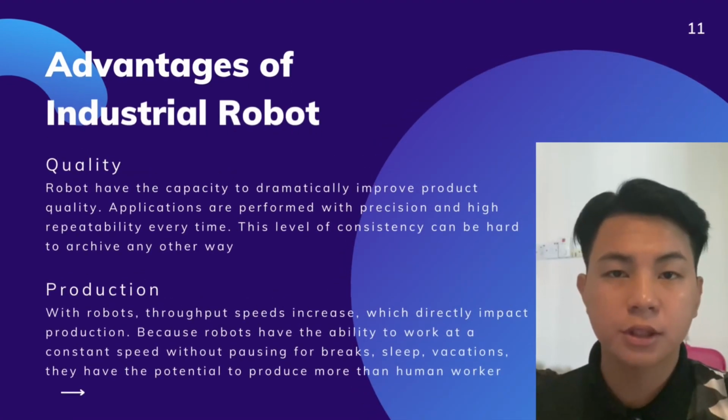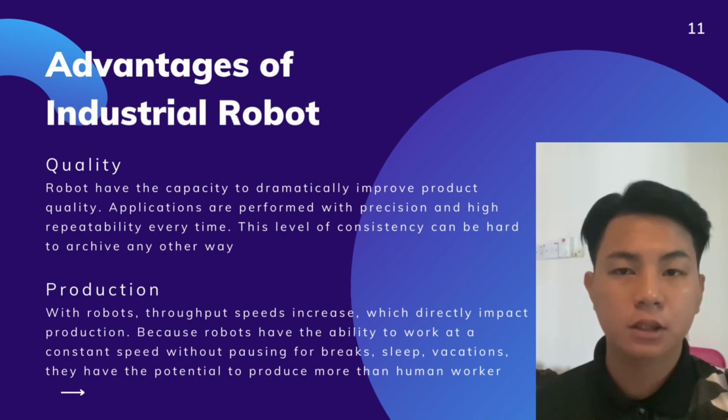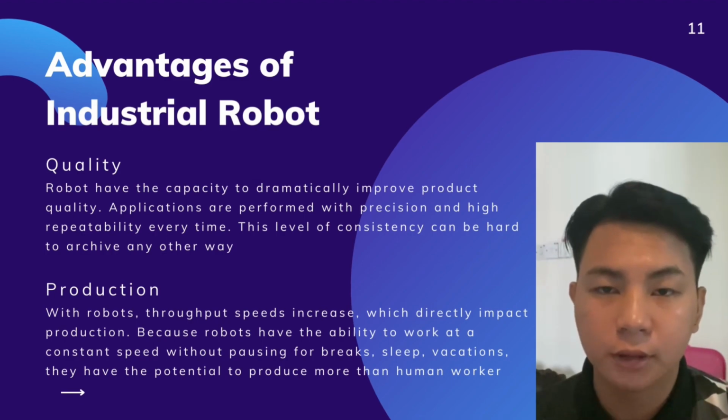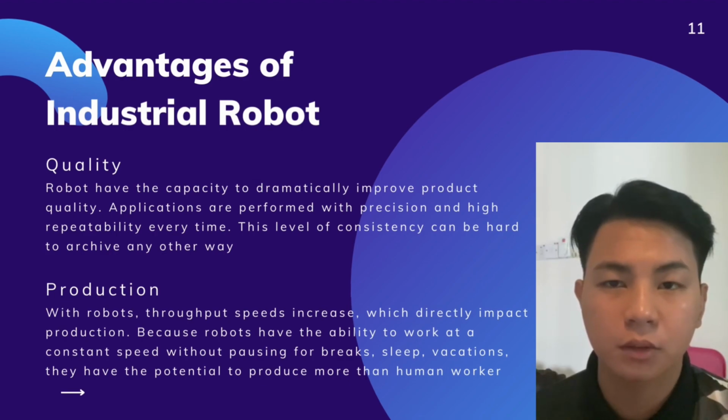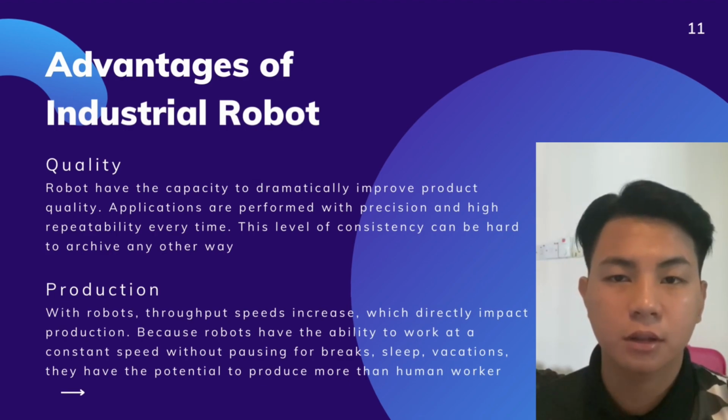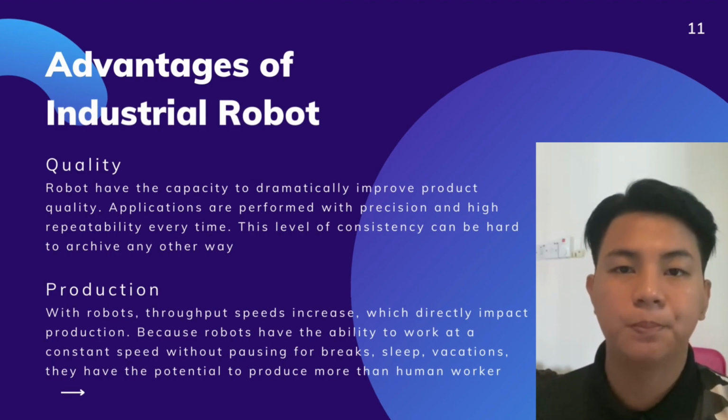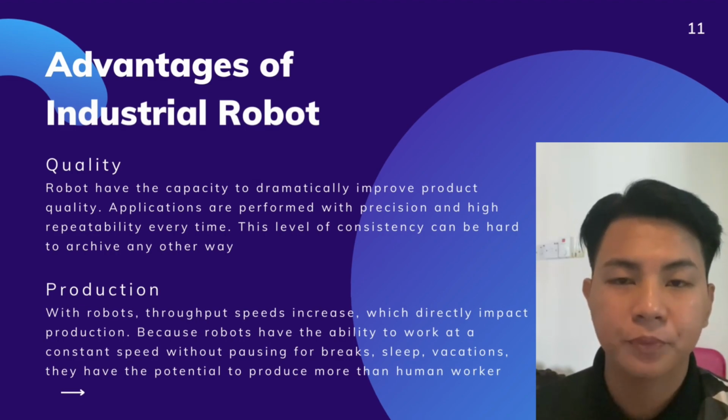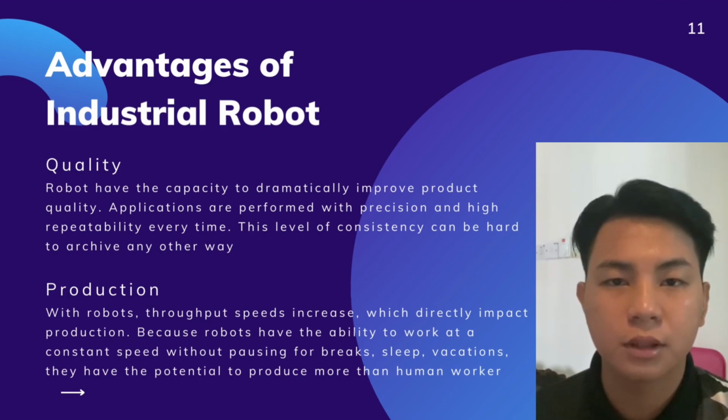Advantages of industrial robots. First, quality. Robots have the capacity to dramatically improve product quality. Applications are performed with precision and high repeatability every time. This level of consistency can be hard to achieve any other way.